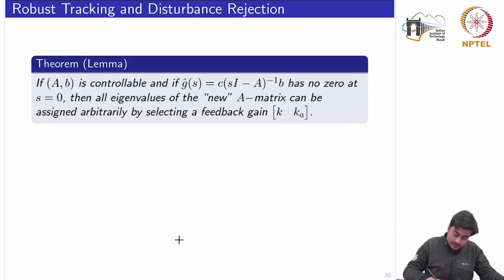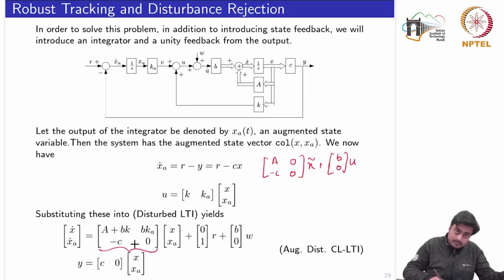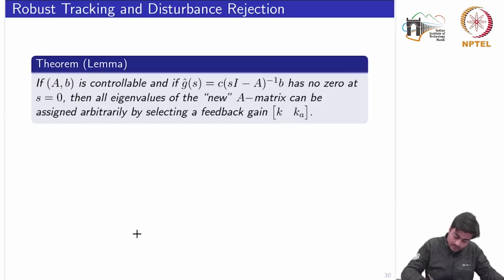Now first recall one of the results, which would help us to further design the controller. If the original AB pair is controllable, and if the transfer function of the plant has no zero at s equal to 0, or at the origin, then all eigenvalues of the new A matrix, which is the closed loop state matrix, can be assigned arbitrarily by selecting a feedback gain K tilde.